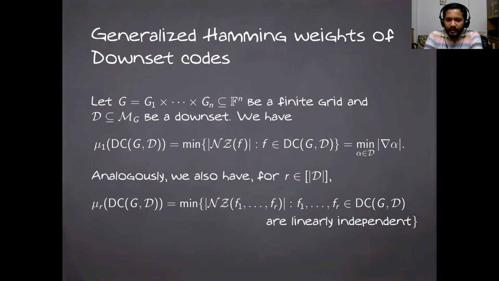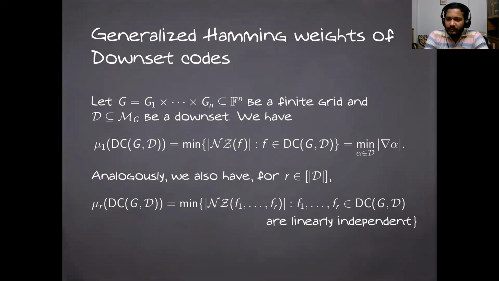Analogously, if you just look at the first part of the equality, what one can conclude is that in order to look at r-dimensional subspaces inside the downset, you have to take r linearly independent polynomials and look at the minimum non-zero set size of the common tuple f1 to fr.